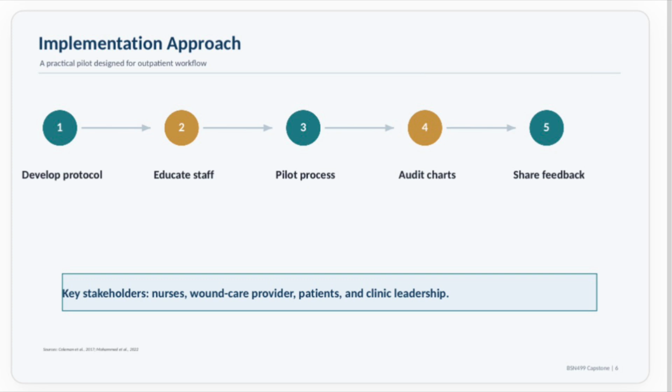Clinic leadership must approve education, time, chart review, and workflow changes. Coleman et al. support a minimum dataset approach, and Rodriguez, Valiente et al. demonstrate why staff engagement, education, communication, and organizational support are important during wound care improvement efforts.